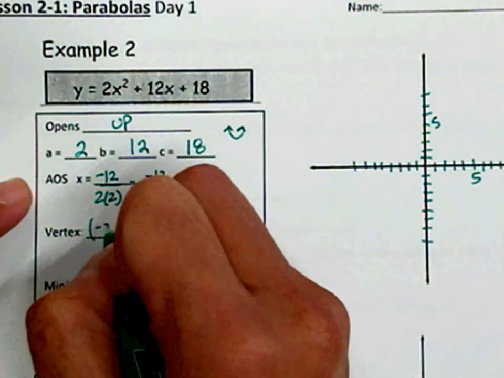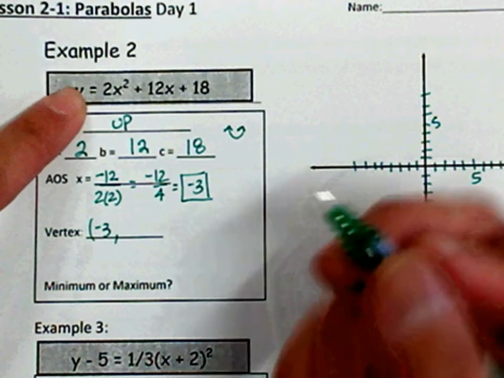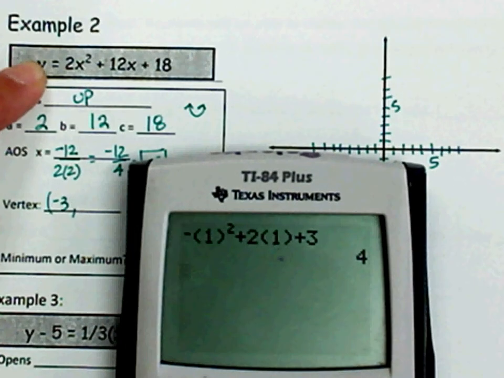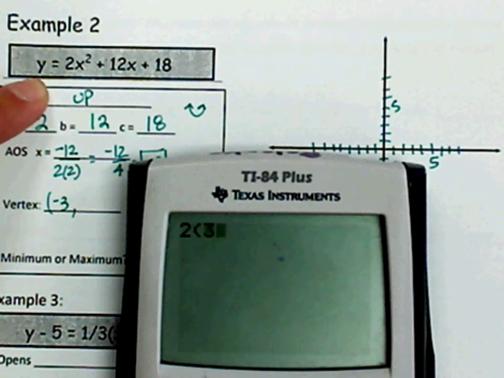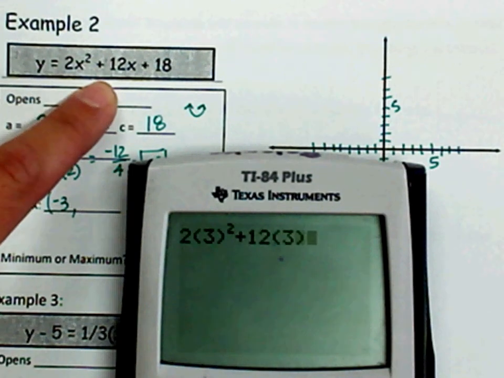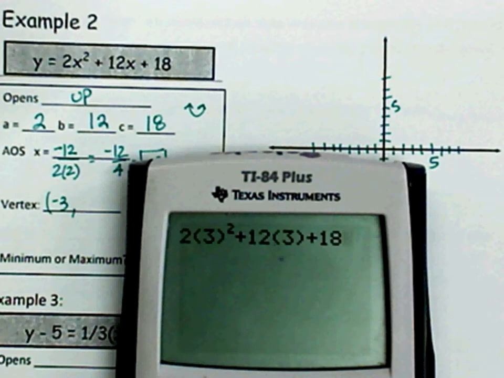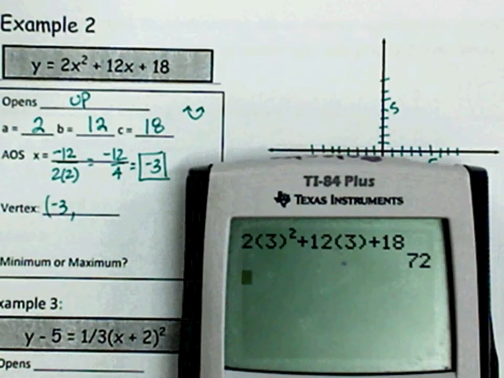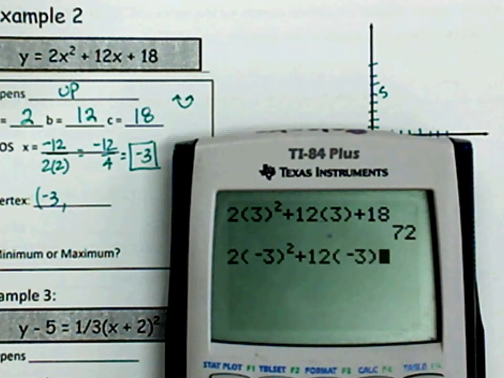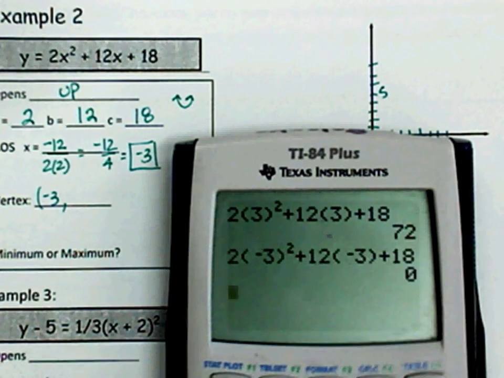Go and type that in, just like this: 2 times parentheses negative 3 squared plus 12 times negative 3 plus 18. I screwed up at first, it happens. The answer is 0. There we go. So your vertex is negative 3, 0.